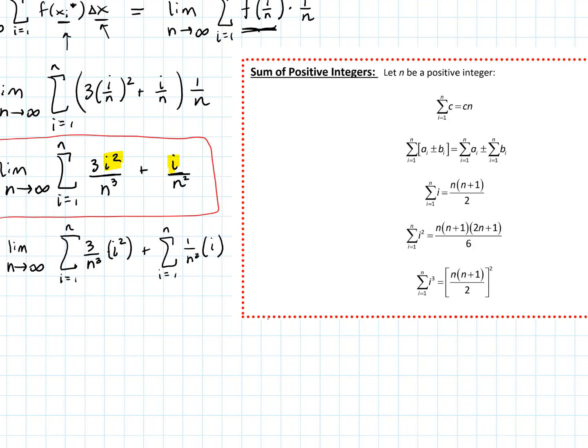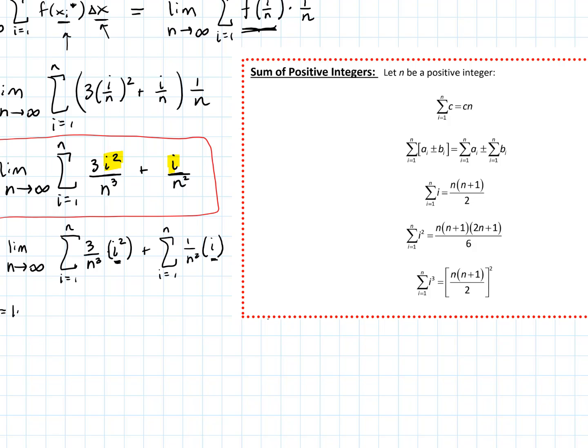And then what I can do is take the sum of i squared and i right from my sum rules over here, because the sum of i equals 1 to n of i is n times n plus 1 over 2.